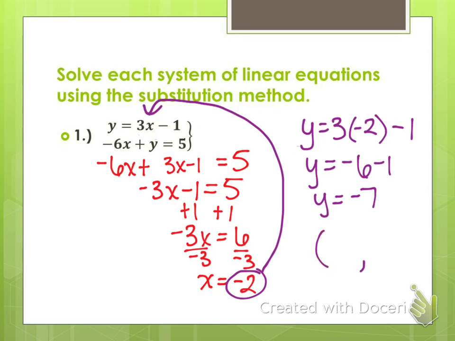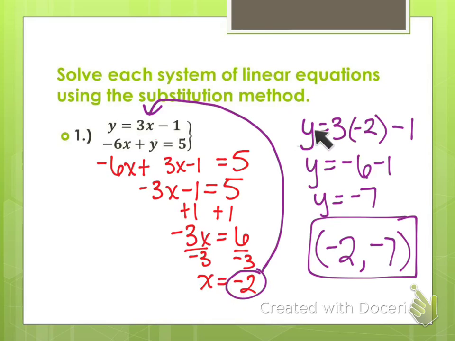So that means parentheses x comma y. My x was negative 2 and my y was negative 7. That's my answer. So just like with the graphing, even if you do all this work here and all this work over here, you still need to write your answer as an ordered pair.